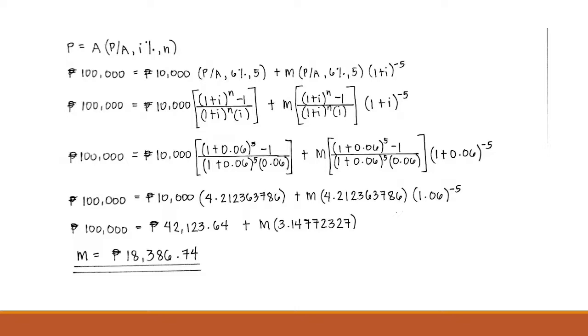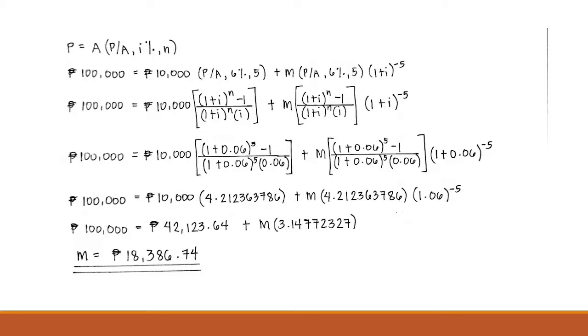So, mahimo siyang 100,000 pesos equals 10,000 pesos times ((1 plus I) raised to the power of n minus 1) over ((1 plus I) raised to the power of n times I) plus M times ((1 plus I) raised to the power of n minus 1) over ((1 plus I) raised to the power of n times I). Then, times (1 plus I) raised to the power of negative 5.